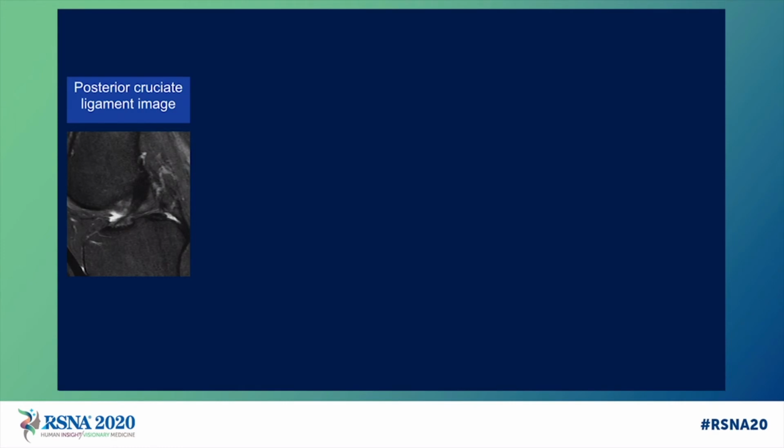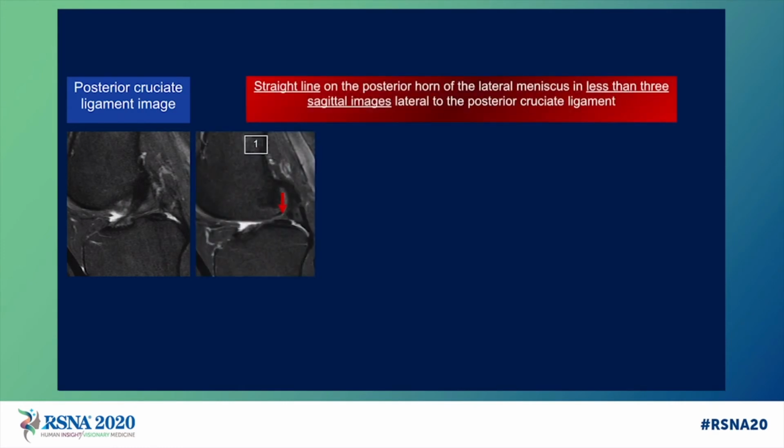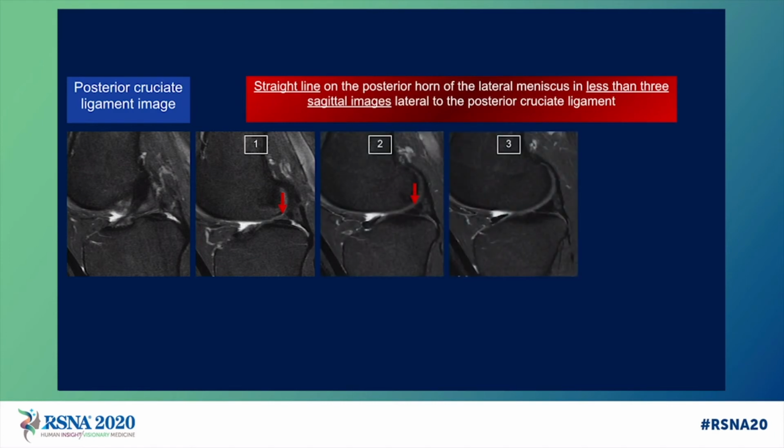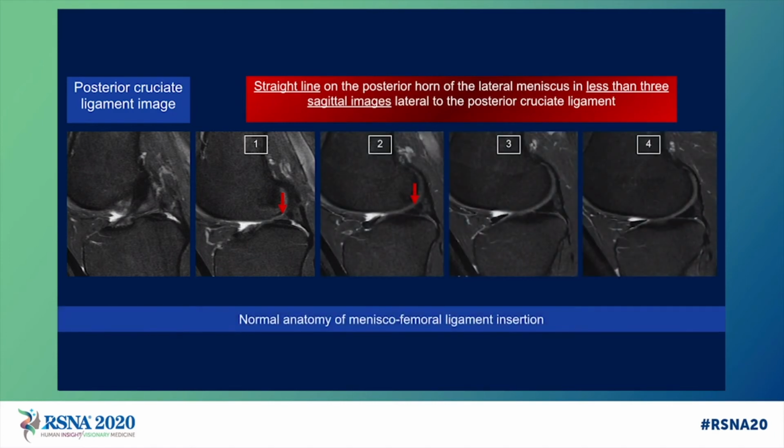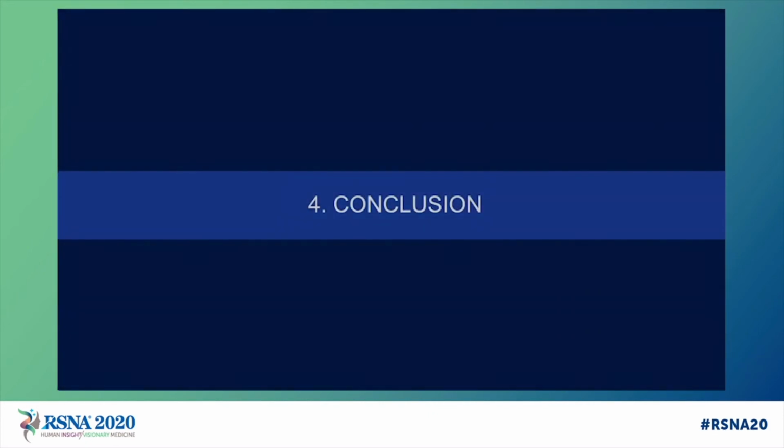So let's come back to our case. Here we have the posterior cruciate ligament image, and we can see that the straight line on the posterior horn of the lateral meniscus is present in less than 3 sagittal images, so it was only the normal anatomy of the meniscofemoral ligament insertion.